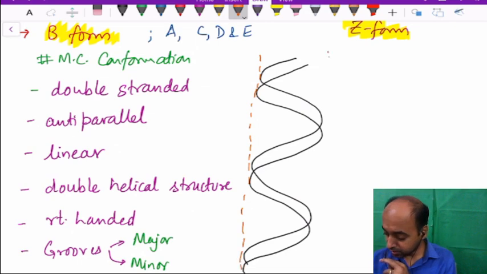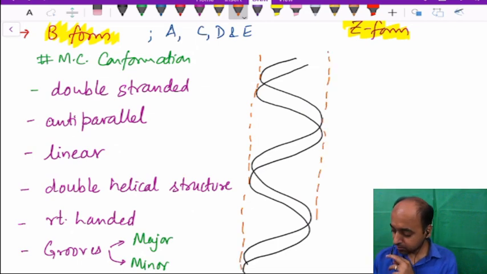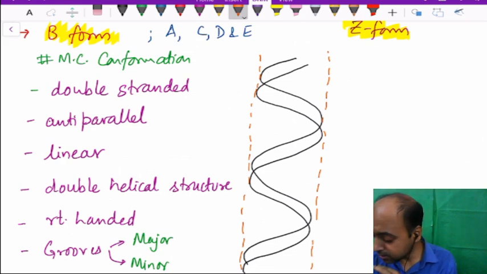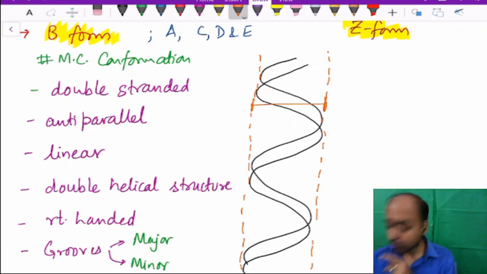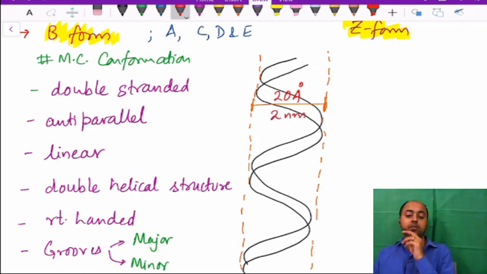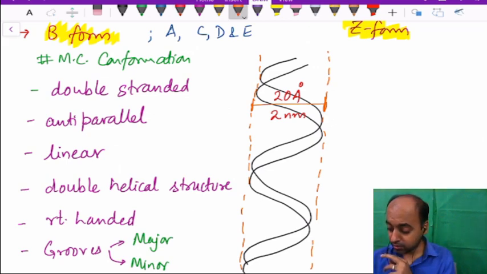Number one, what is the width of the helix? Depending on the unit, 20 Angstrom or 2 nanometer. The width of the helix is 20 Angstrom or 2 nanometer.